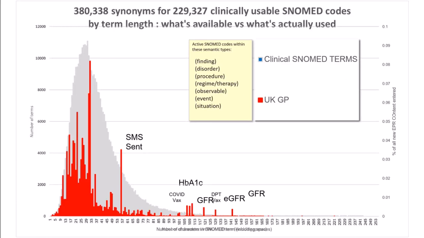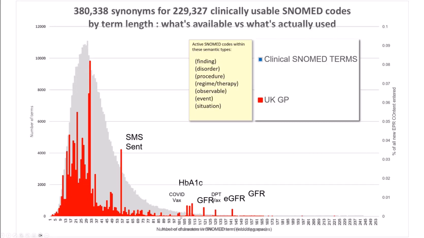So that's what's available. This is what's actually used, with that SMS sent message being the big red spike, sort of an outlier at about 60 characters in length. With the IFA, I think it's shifted slightly to the left, but certainly the longer codes are used unless they have a very snappy acronym, HbA1c, hemoglobin A1, or COVID vaccine, although that's a very short synonym, if you will.